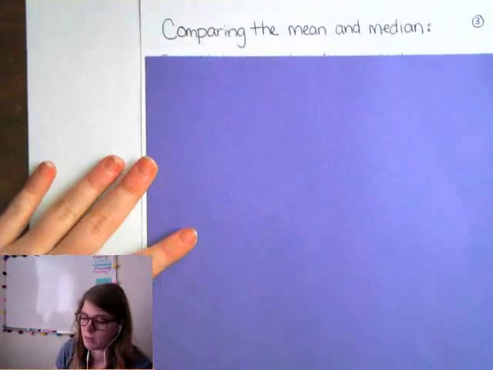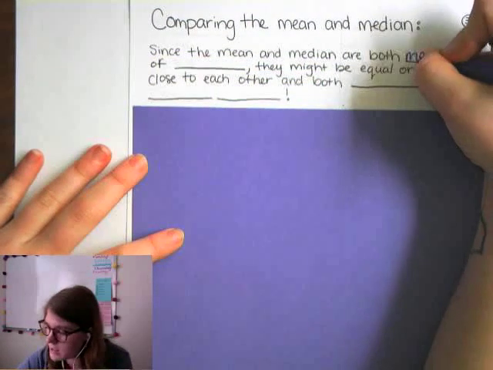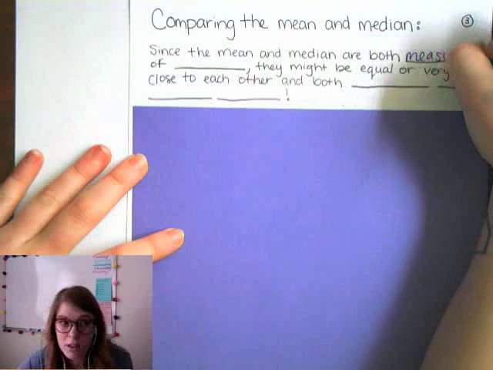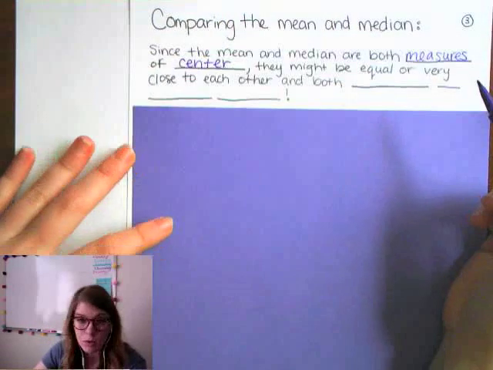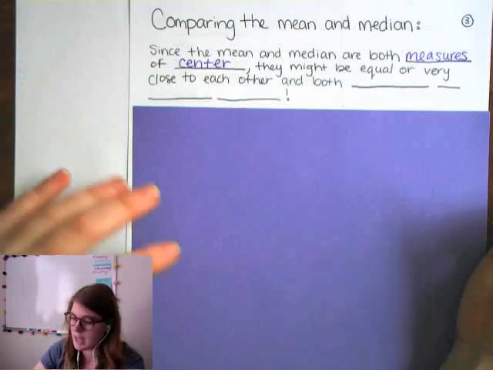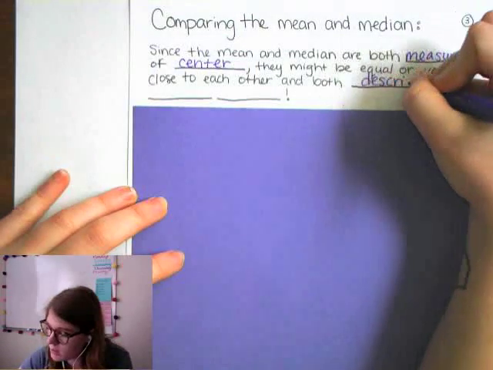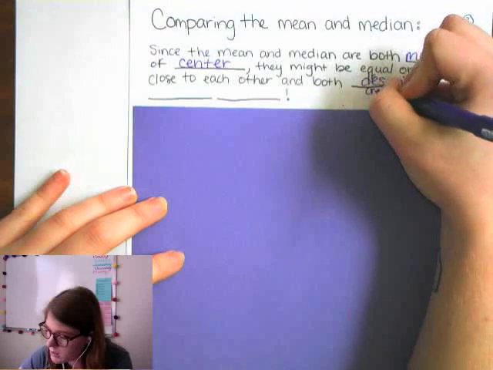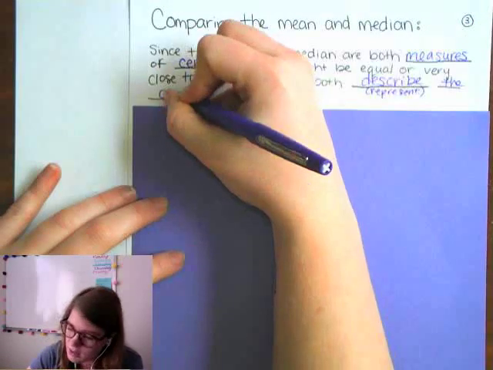So when we compare the mean and the median, since they are both, like we said, measures of center, they might be equal or very close to each other, and both describe or represent the data well.